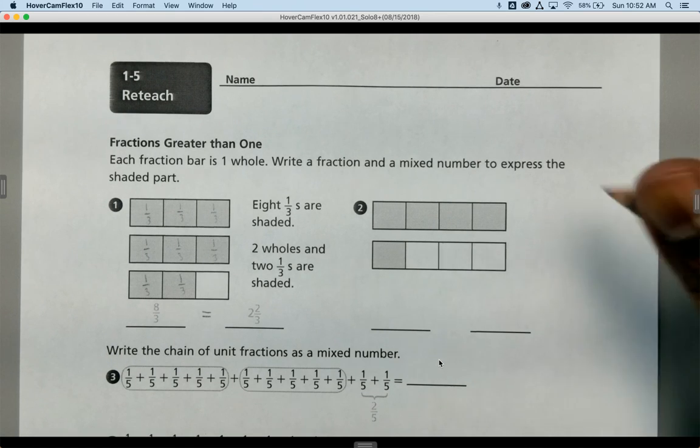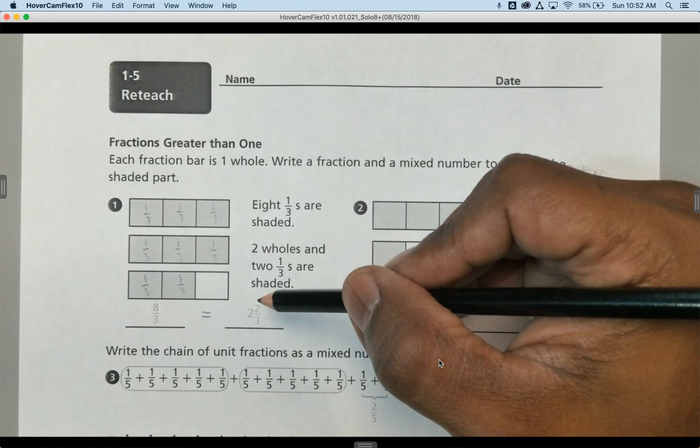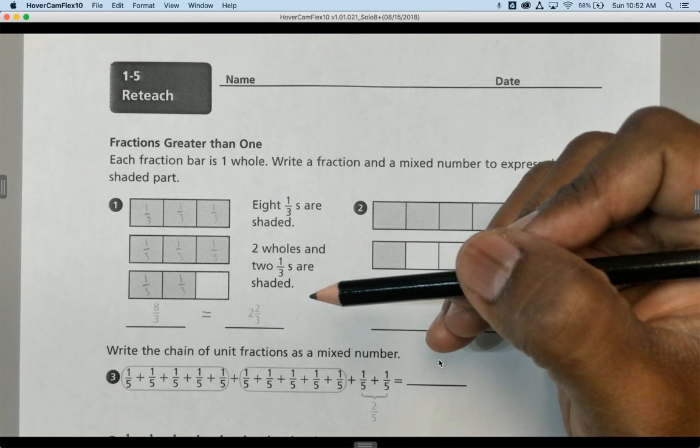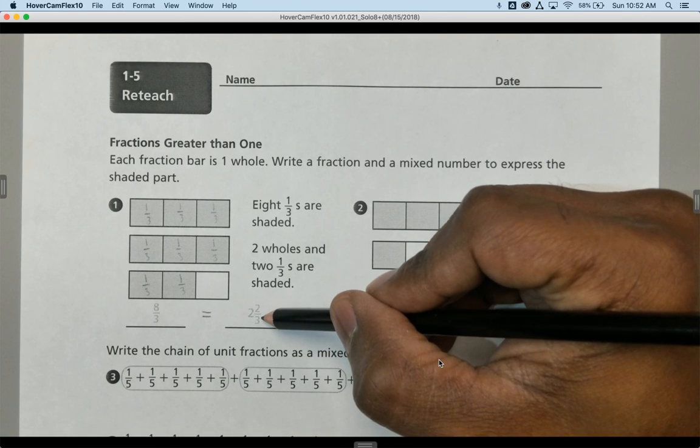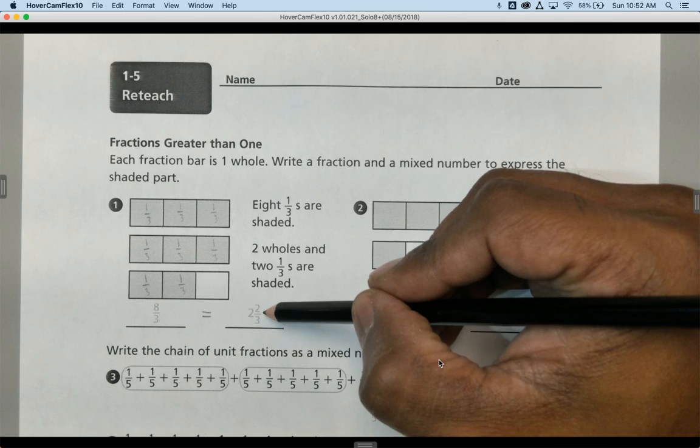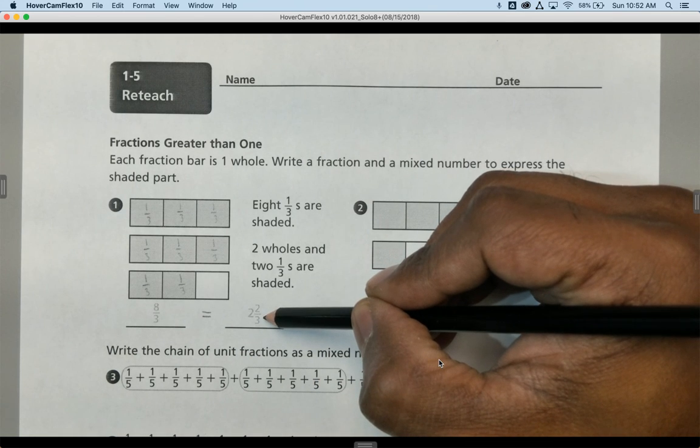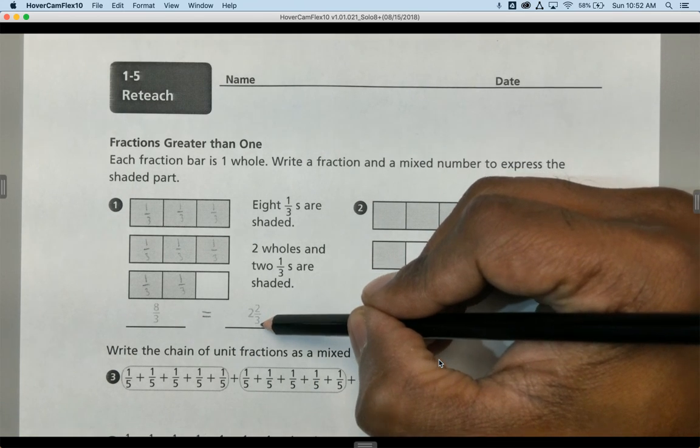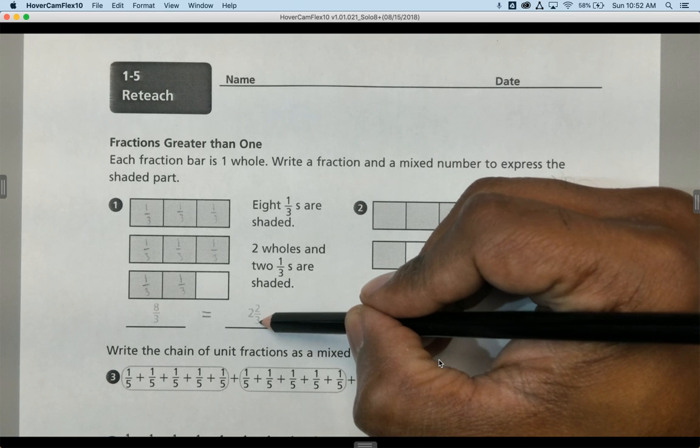If I were to, in this case, start with the mixed number, 2 2/3, and convert it into an improper fraction, here's what I would do. I'm going to keep the denominator the same. In this case, the denominator of the fraction was a 3. It's still going to remain a 3.